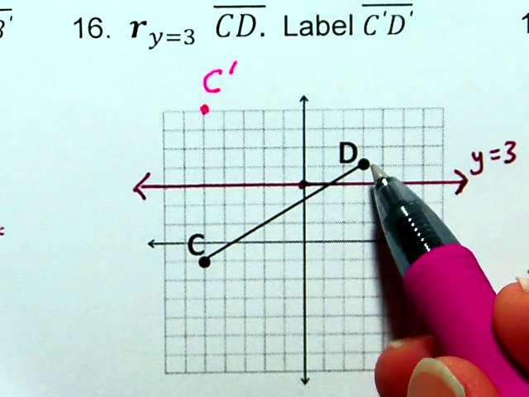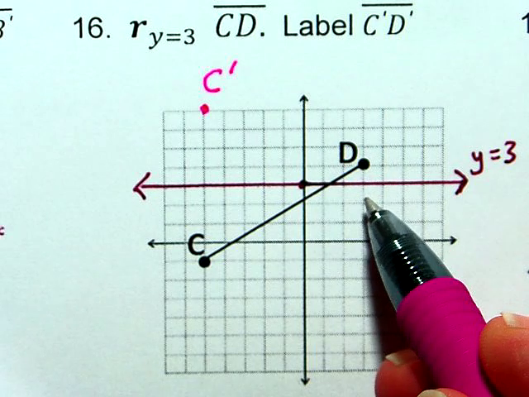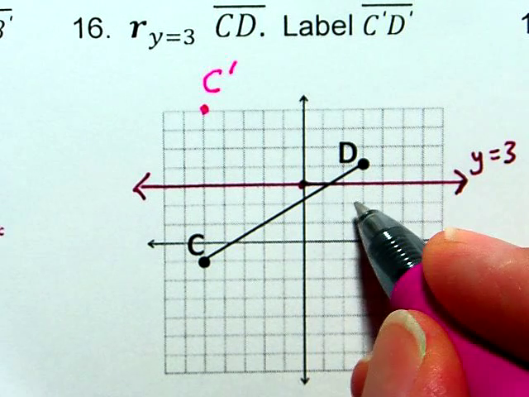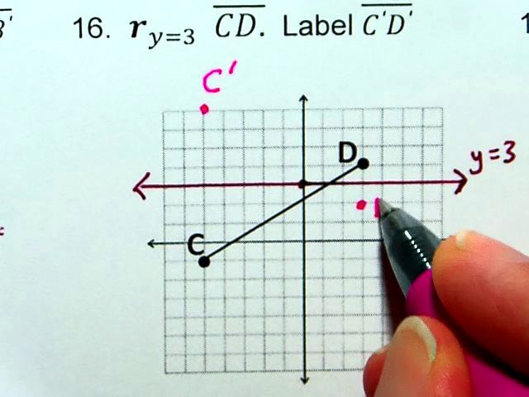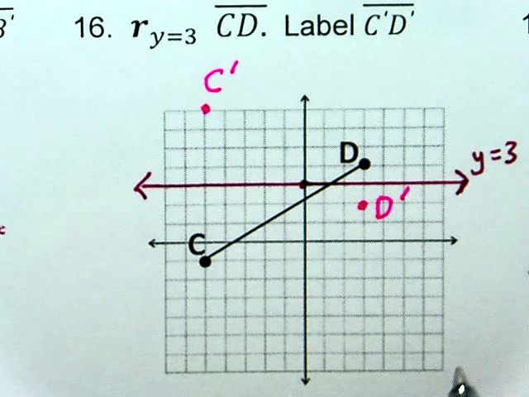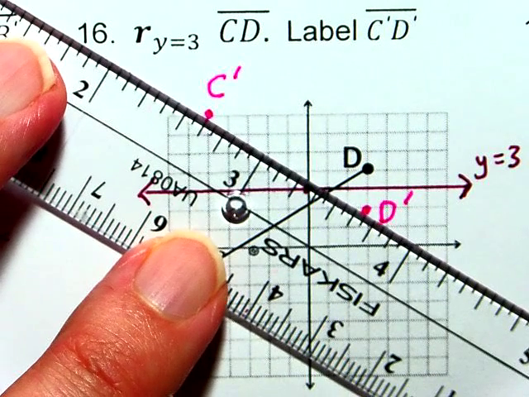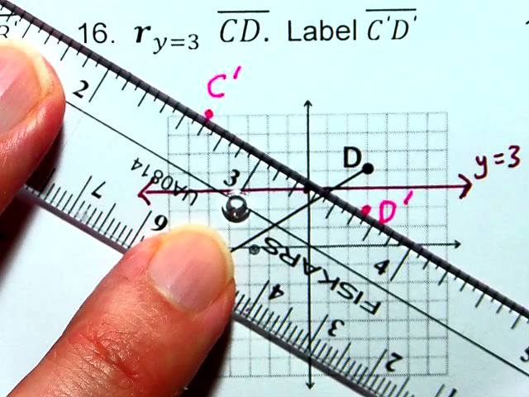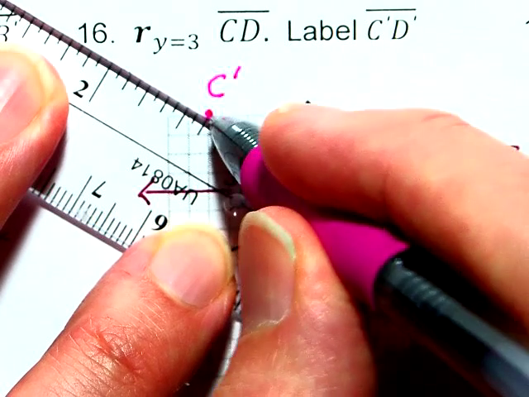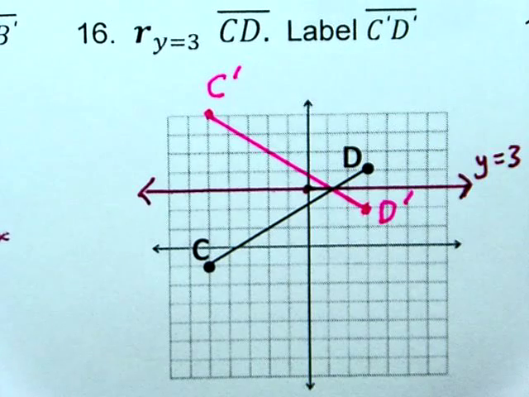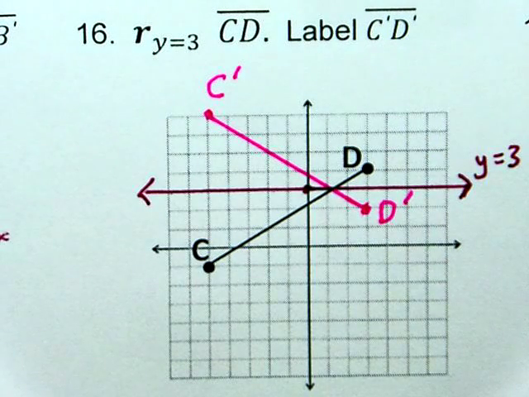And D is 1 unit above the mirror line, y equals 3, so D prime has to be 1 unit below the mirror line. Then we will connect C prime and D prime to create our line segment C prime D prime. And so that is the reflection of CD.